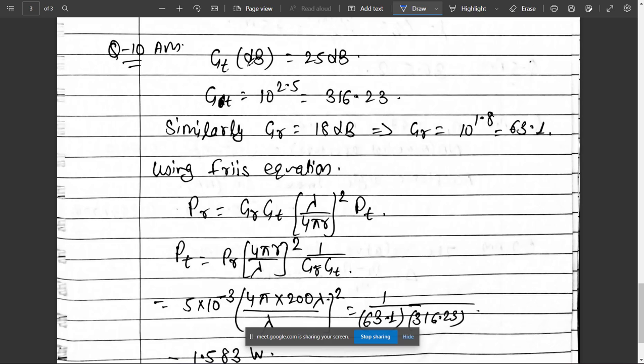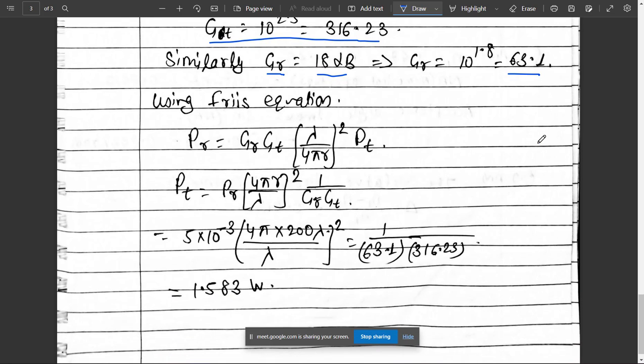The gain for the transmitting antenna was 25 dB, so we will convert it into absolute terms. This will become 316.23. Similarly, the gain for the receiving antenna is 18 dB, and converting it into absolute terms, this will become 63.1. Now using Friis equation, PR is equal to GR GT into lambda upon 4 pi R whole square into PT.